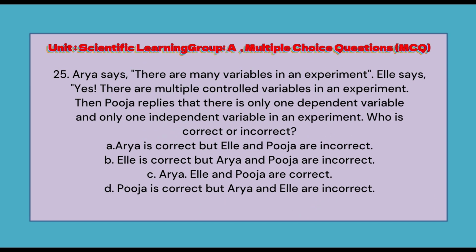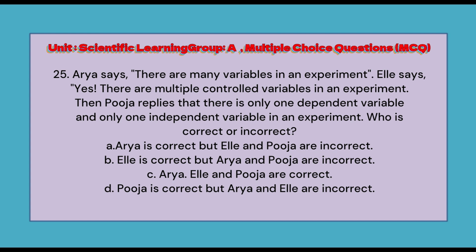25. Arya says, there are many variables in an experiment. L says, yes, there are multiple controlled variables in an experiment. Then Pooja replies that there is only one dependent variable and only one independent variable in an experiment. Who is correct or incorrect?